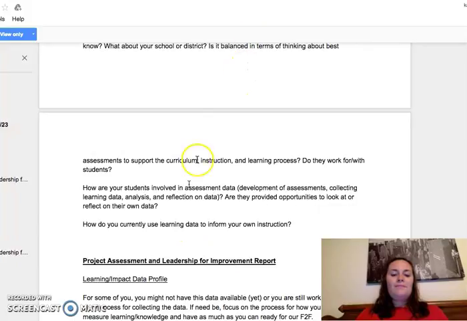And I use learning data to inform my own instruction because, for me, obviously, if certain formative assessments are working, then I continue using them. But if I find them ineffective, I change them.